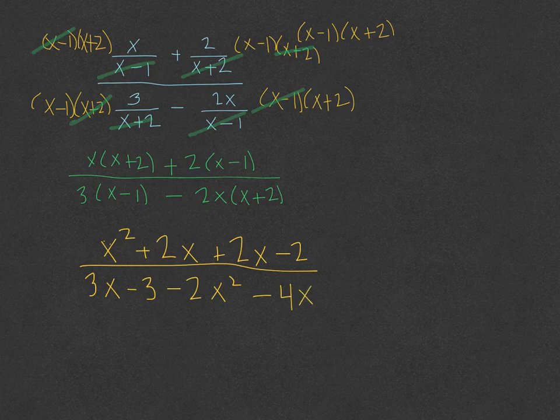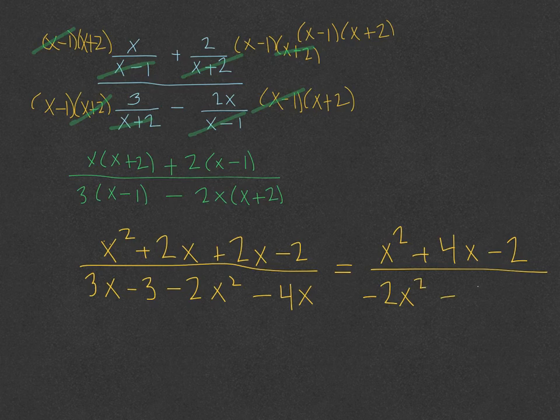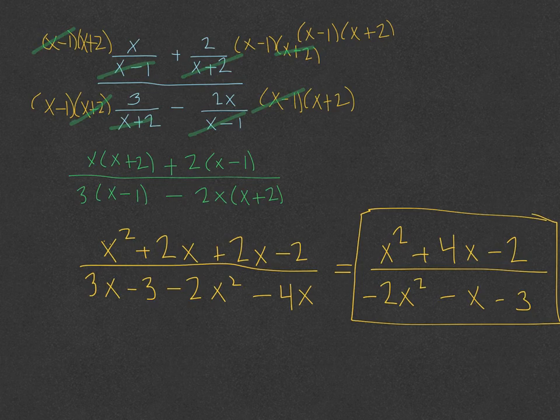And if we go through and lastly just simplify or combine any like terms, on the top those two x's combine. On the bottom we have some x's that combine. Let's write that as negative 2x squared minus x minus 3. And there is our simplification of the complex fraction.